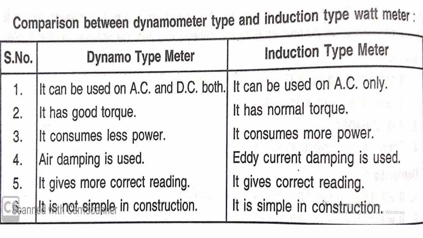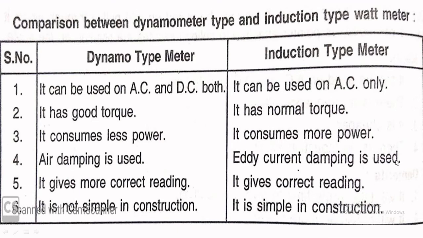It is induction. When the word induction comes, keep in your mind that it works on AC only. Dynamometer type meter has a good torque, whereas induction type has normal torque. Dynamometer type meter has less power consumption, whereas induction type has more power consumption. In dynamometer type, air damping is used. In induction type, eddy current damping is used.